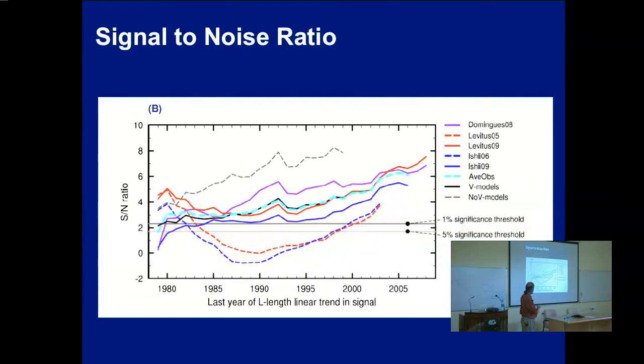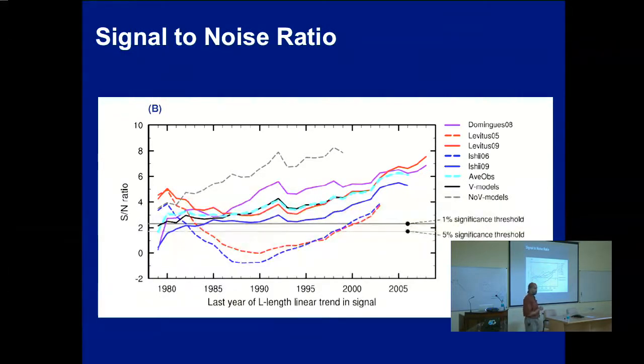If that signal to noise ratio is more than this black line, then it is statistically significant at a 1% level. There's also a gray line here, which is the level at which it's 5% significance. So over time, it looks like all of these have crossed.